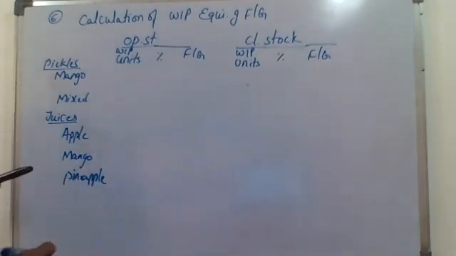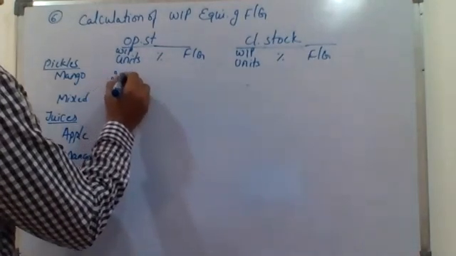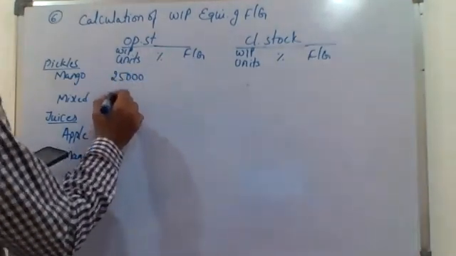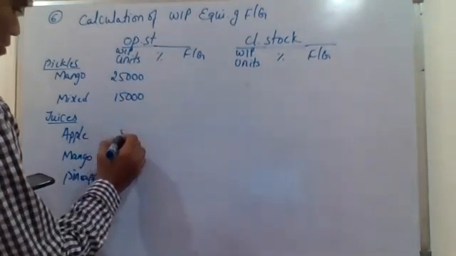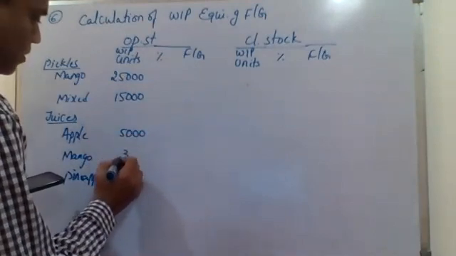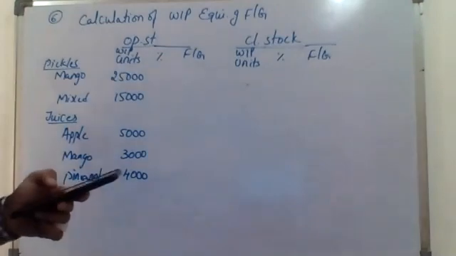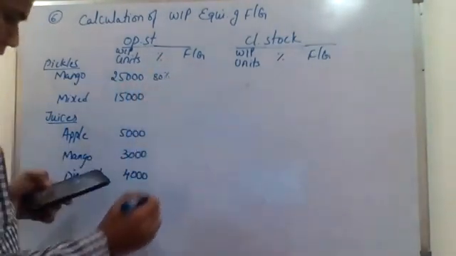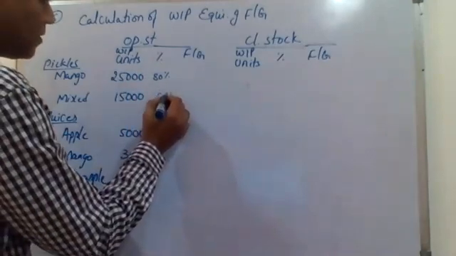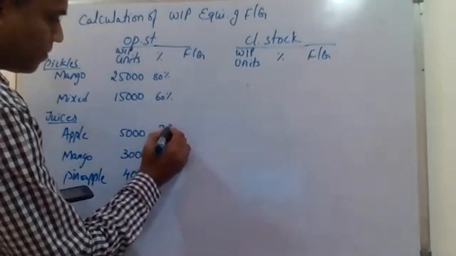All right. So what is the opening stock of units? This is 25,000 units. This is 15,000 units. This is 5,000, 3,000, 4,000. Okay. And look at the percentages of them. It is 80% complete. This is 60% complete. This is 80, 70, and 75.